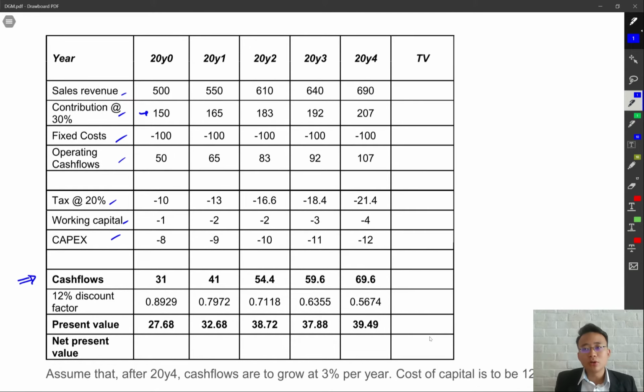But notice though, each cash flow corresponds to a period. 20Y0, this is the cash flow, 31. 20Y1, 41. Y2, 54.4, so on and so forth. When we value a company though, we can't just assume that this company will last for 5 years. What happens after that? It can't be going bankrupt after 5 years, right?